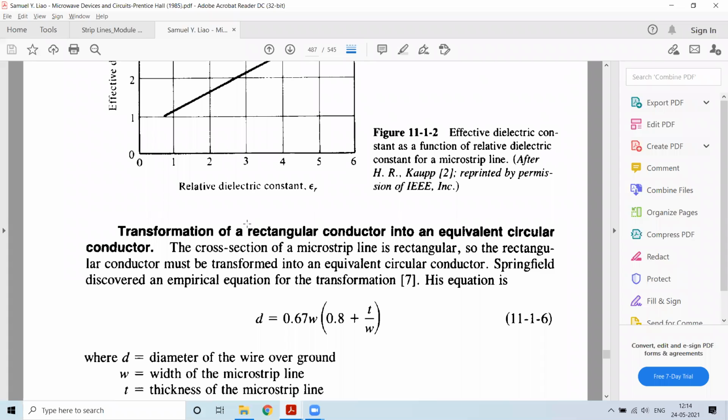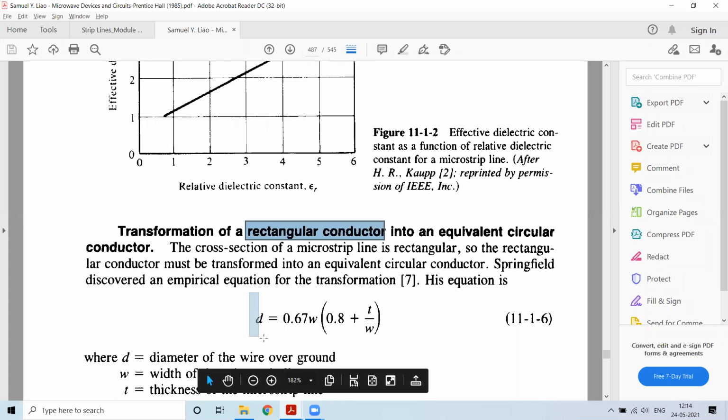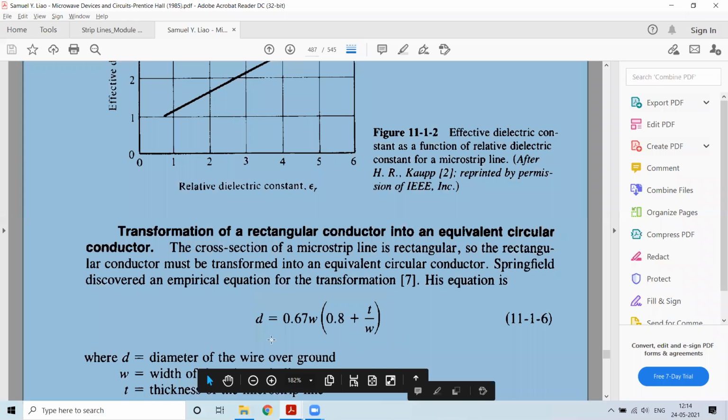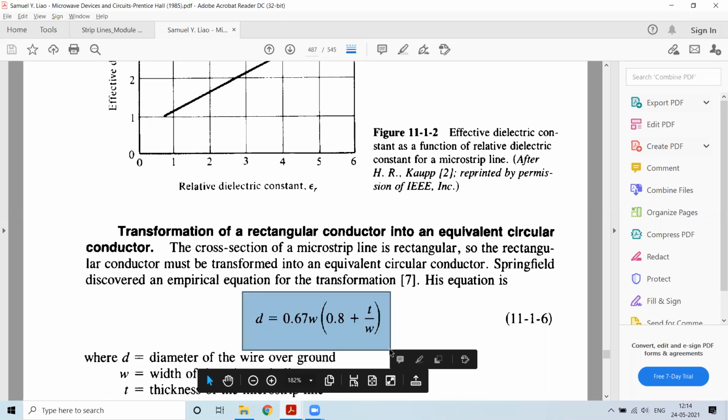So for the rectangular waveguide, we have the thickness and the width of the strip line, which is given over there. So in order to replace that, we can utilize the diameter of the wire, which is given by d equal to 0.67 times w into 0.8 plus t by w. So this is the diameter related in terms of thickness and the width of the strip line.